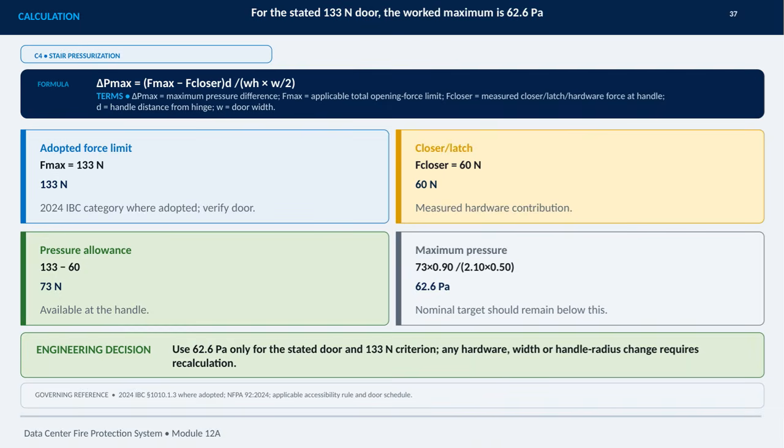The nominal design target should remain below that value. The important engineering decision is not to treat 62.6 pascals as a universal limit. If the hardware force, door width, handle location, or handle radius changes, the pressure must be recalculated. The applicable references include the 2024 IBC where adopted, NFPA 92, accessibility requirements, and the door schedule.